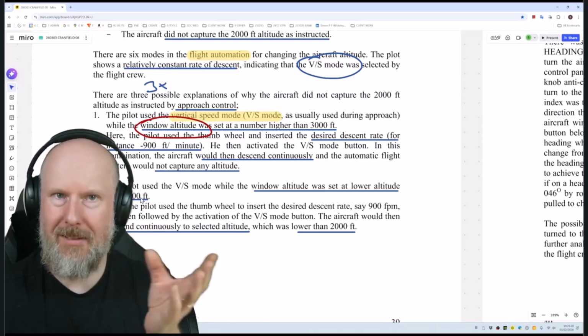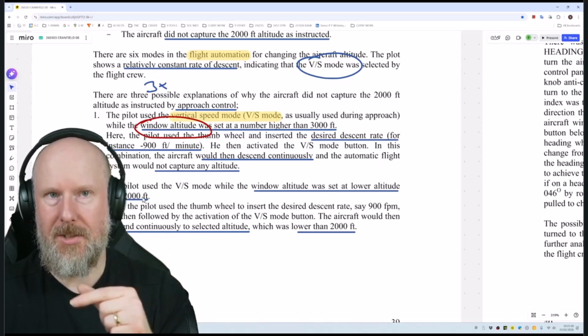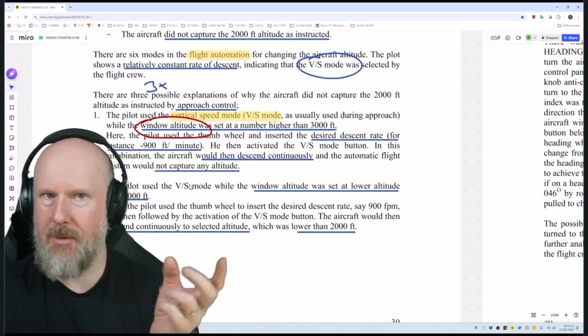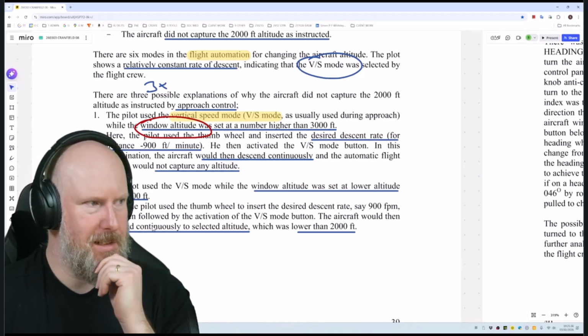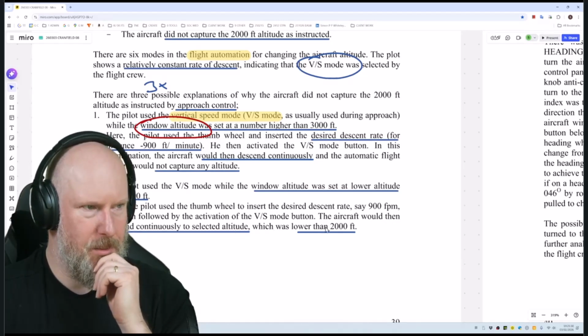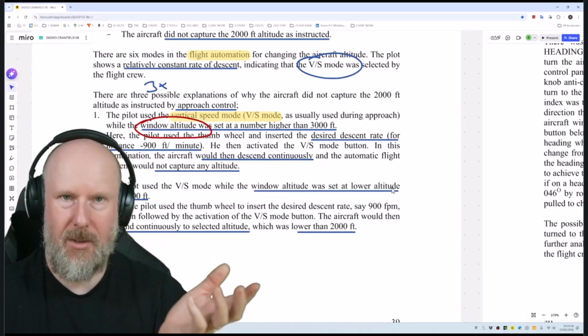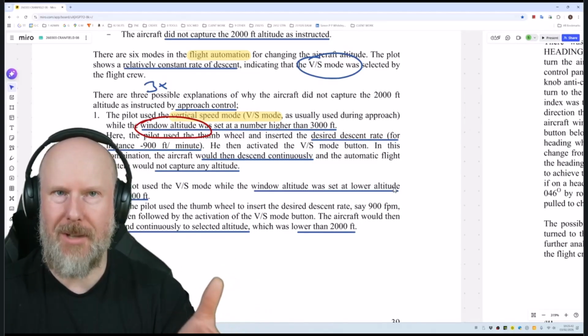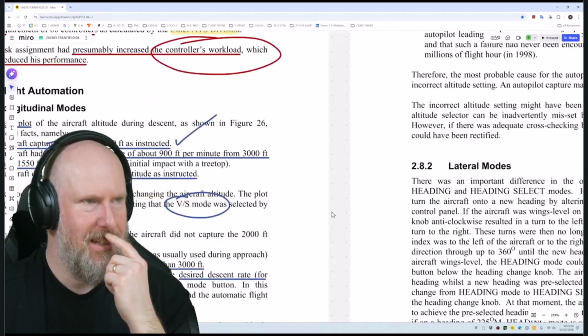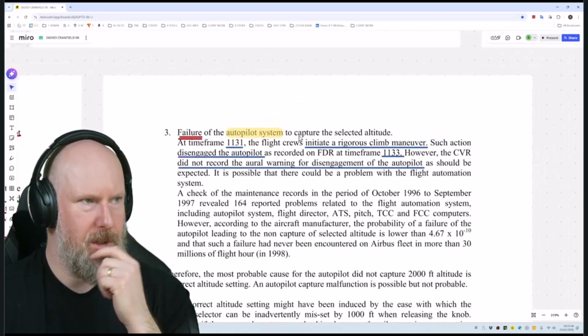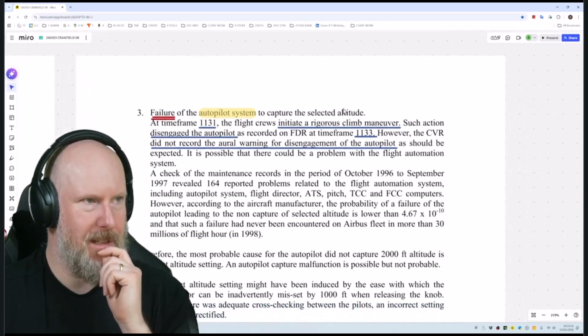So again, there's demanded altitude and actual altitude, and then the potential for it not to be what you expect. The aircraft would then descend continuously to the selected altitude, which was lower than 2,000 feet. So again, the autopilot is providing an unsafe control action because that setting is incorrect. Interesting. Failure of the autopilot system to catch the selected altitude.